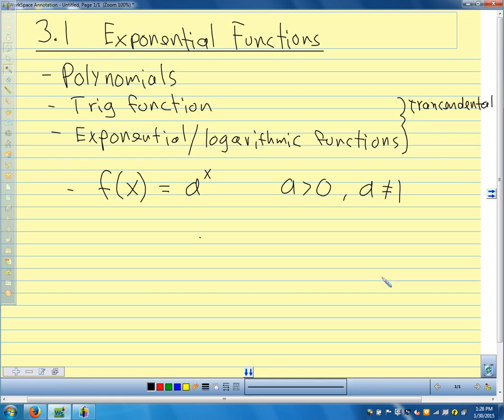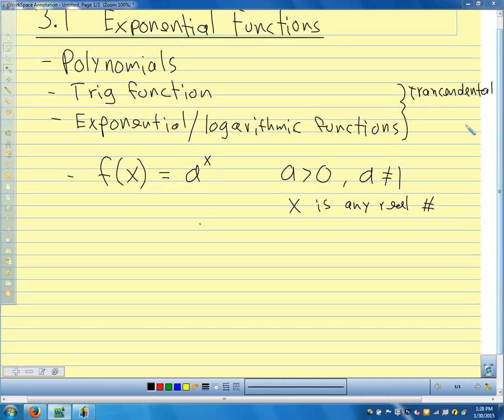It would always be 1, right? It wouldn't be very interesting. We just have a constant. And x is any real number. This is the kind of function we're going to talk about for this chapter, which is a short chapter. We good here? Okay.